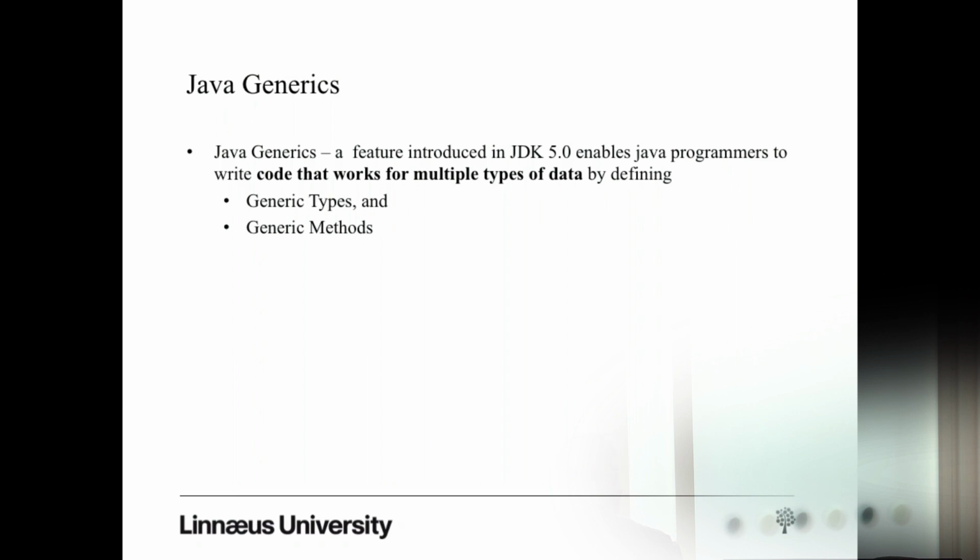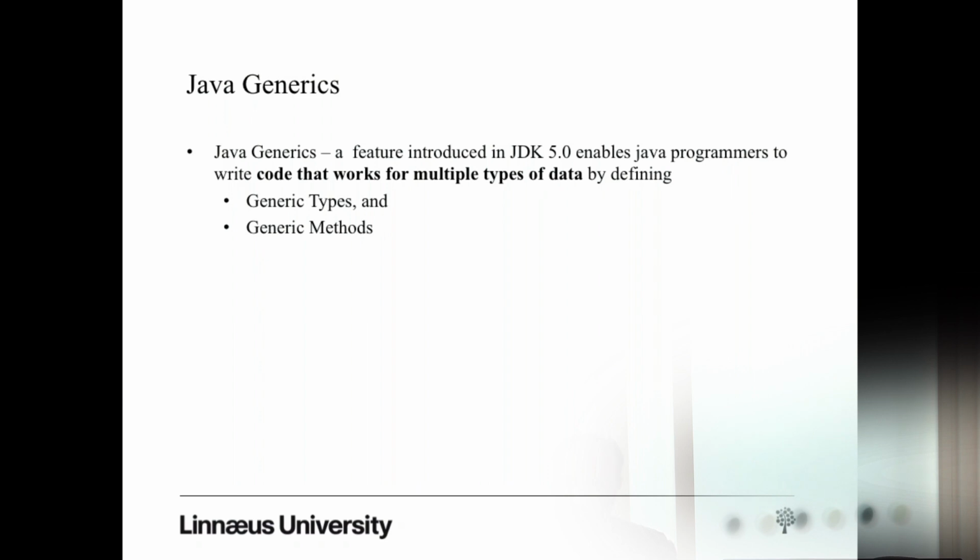There are two important things to get this kind of feature. The first is that you can have generic types, and by types I mean classes. You can define a generic class, or maybe you just need one method in a class, like a simple class that you were writing before generics.